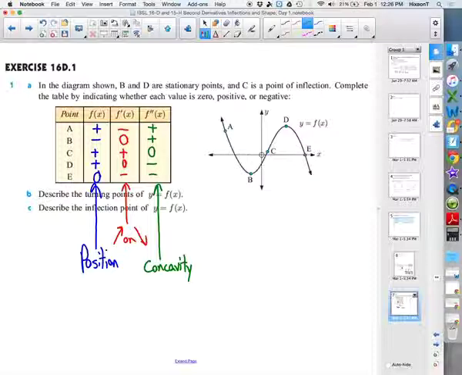So, there's our sign analysis for this. Notice, we didn't hit all of them here, but the original function had 1, 2, 3 zeros. When we had 3 zeros, how many critical values did we have? Look at your first derivative. How many critical points are there? 2. And how many points of inflection are there? 1.